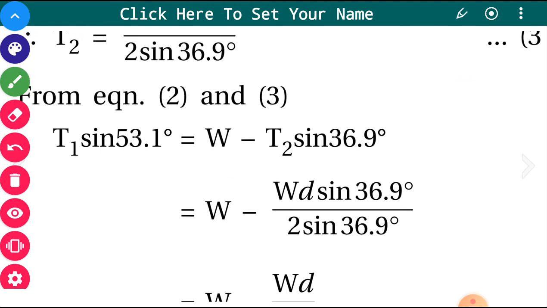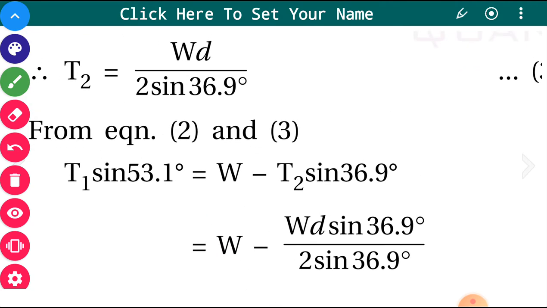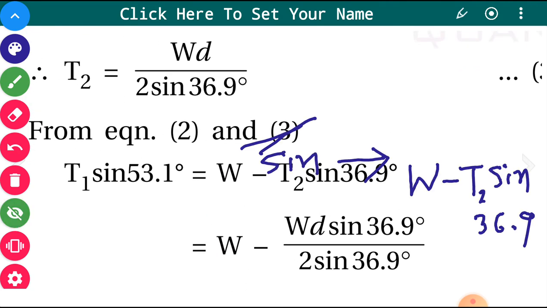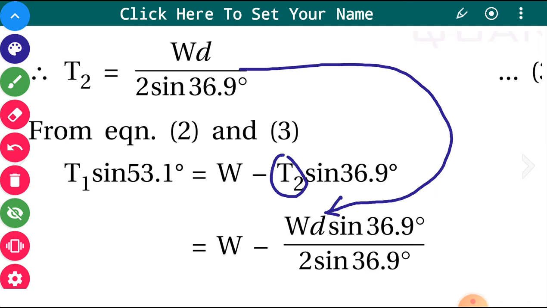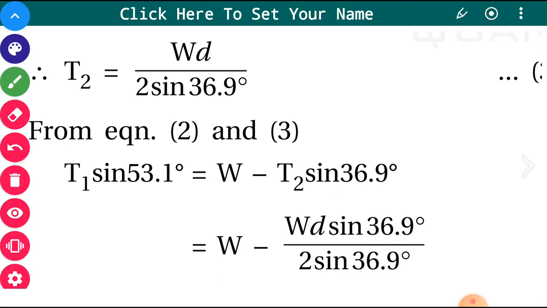Instead of this T2, they have placed the value here, WD upon 2 sin 36.9. Here sin 36.9 will be cancelled out, so you will have WD by 2, and W is again common.